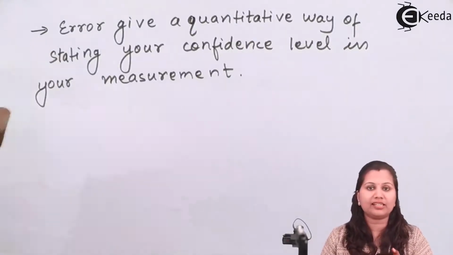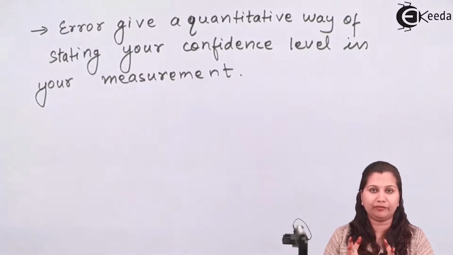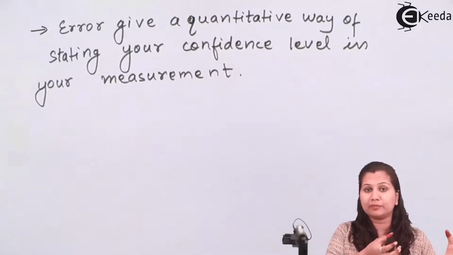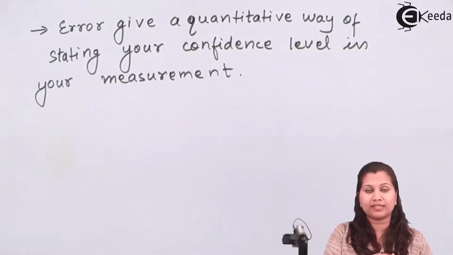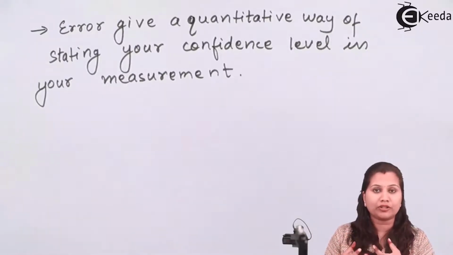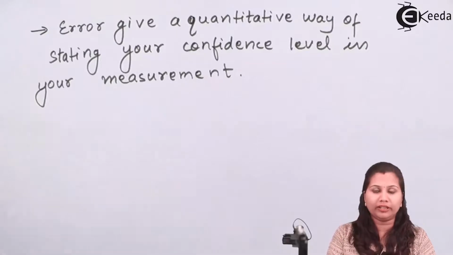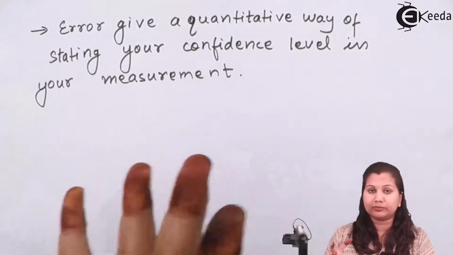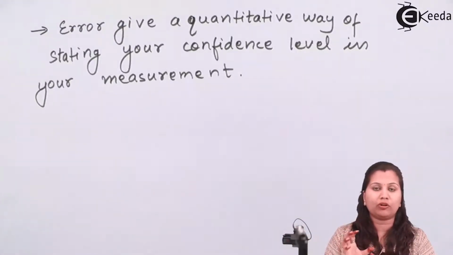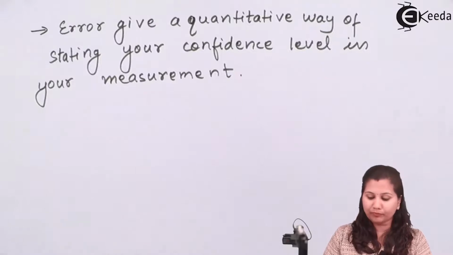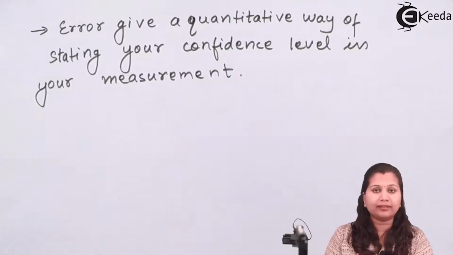So error gives a quantitative way, because we are giving a number to that error: the difference between the actual value of the resistance and the measured value is 2 ohms. So we are stating the confidence level of our measurement. Okay, so that is the error.